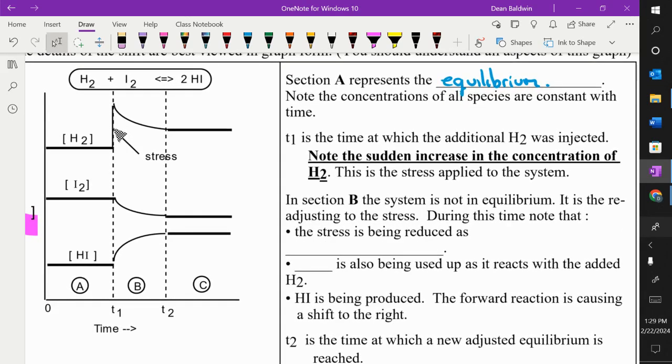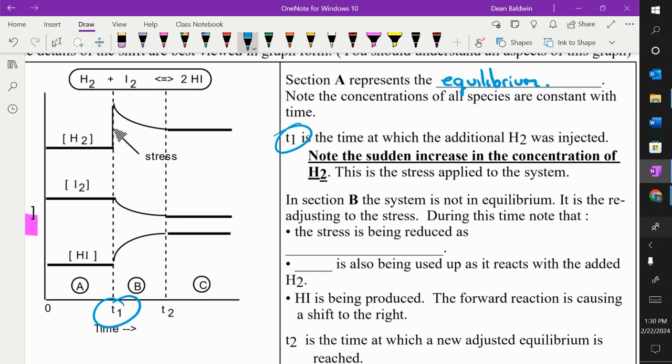Then T1 happens. We inject the hydrogen gas. Okay? So hydrogen gas spikes. It just goes straight up. Okay? That's us injecting the hydrogen gas into it. System freaks out, goes, I have to get rid of this. So it shifts to the right.